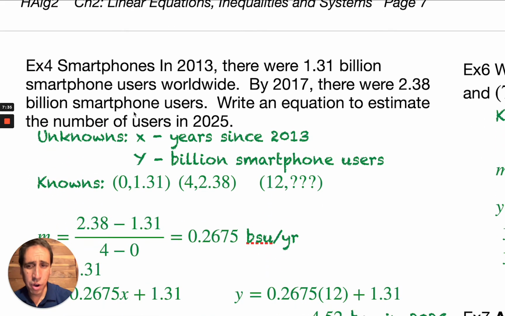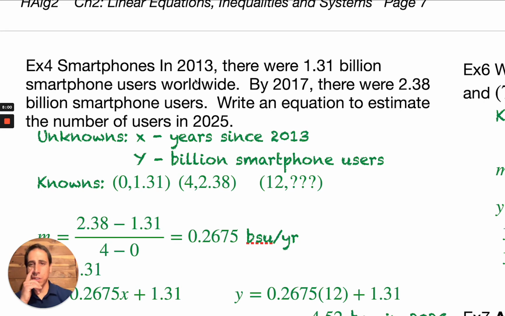Very often, time is going to be the x variable. Sometimes you'll see instances where it's not, but if you are trying to find something per year, or per minute or per second, then x is going to be the variable that represents time, and that's going to be years since 2013.